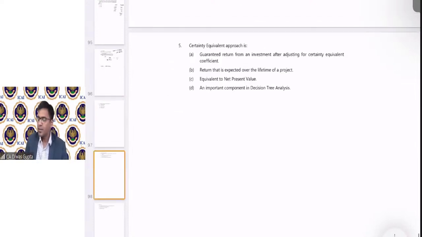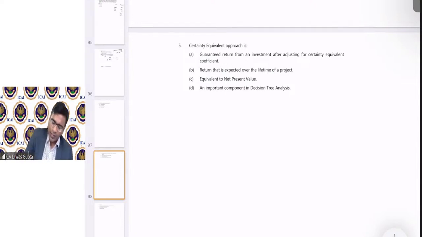Next, certainty equivalent approach is guaranteed return from an investment after adjusting for certainty equivalent coefficient, return that is expected over the lifetime of a period equivalent to the net present value, an important concept on decision tree analysis. So students, just think and answer, what is a certainty equivalent approach?